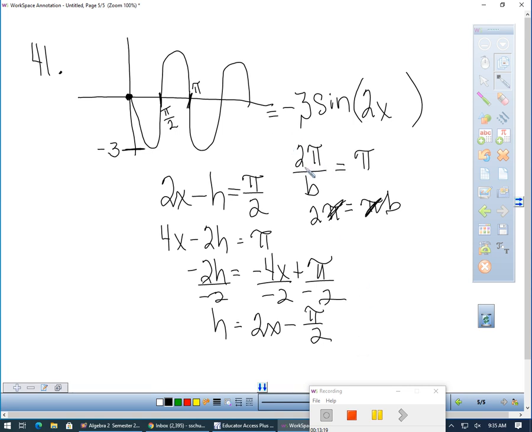Alright, so let's look at this. I know in here that I need to be shifting it over. I know it's got to go to here. So let's check my math. So I have 4x minus 2h equals pi. Divide by 2.